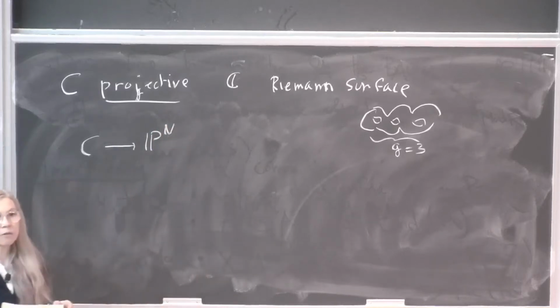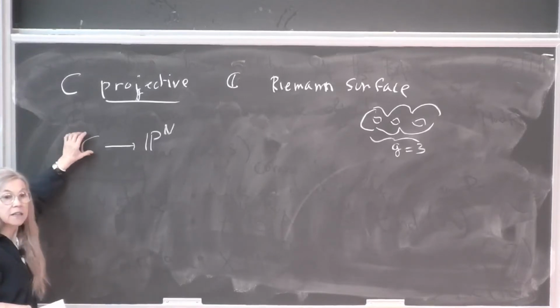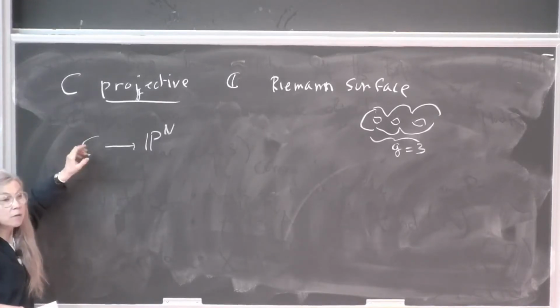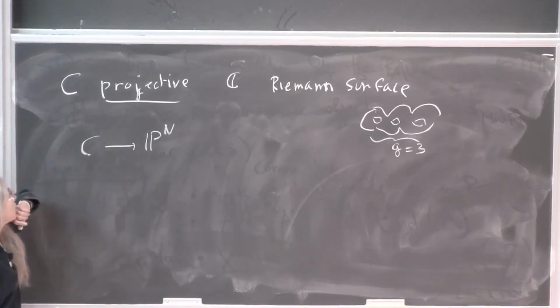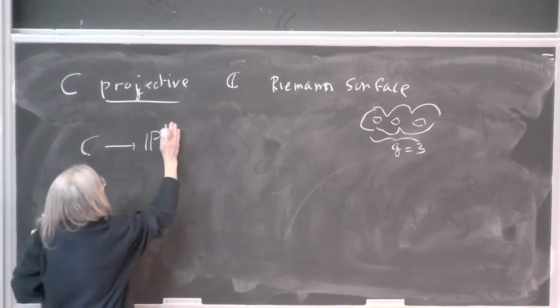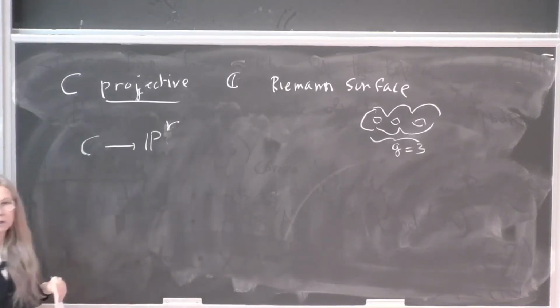Now, when you think of a curve in projective space, you can think in two different ways. You can think of where the object is, so it is in the space, that's where it lives. Or you can think the other way around. The interesting thing is C, the curve, and then we have to look at how we put it in there. Maybe I should call the projective space P^r because it's more compatible with the notation I am going to use.